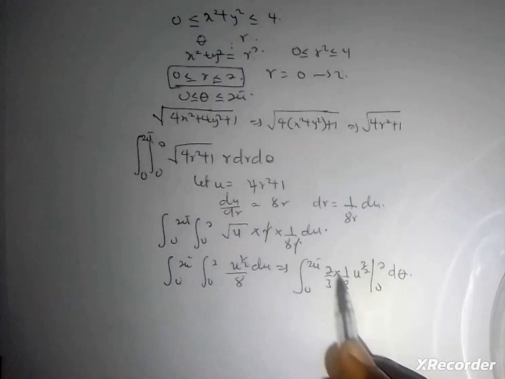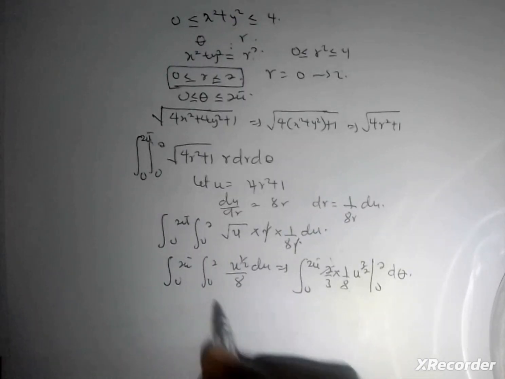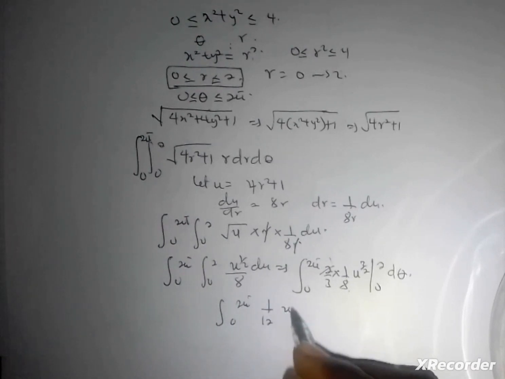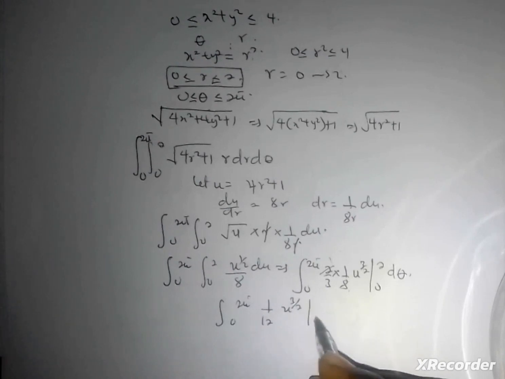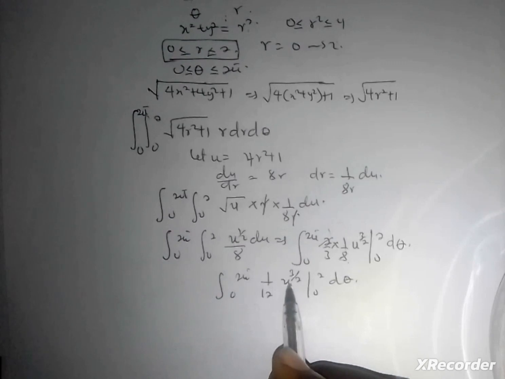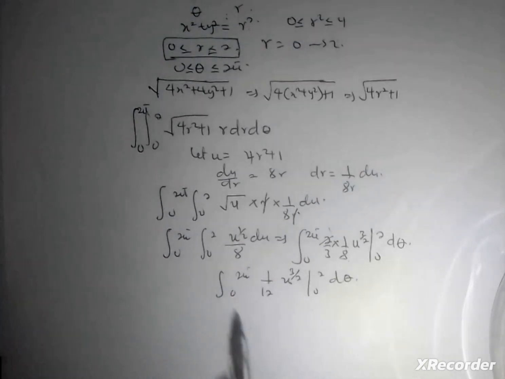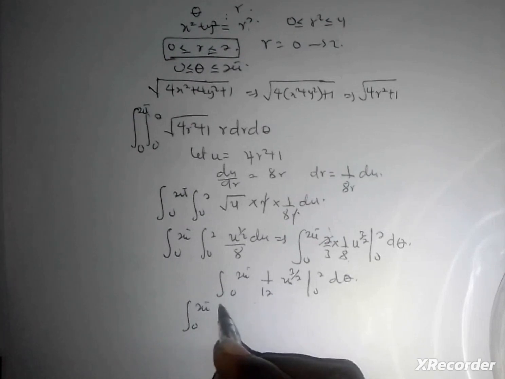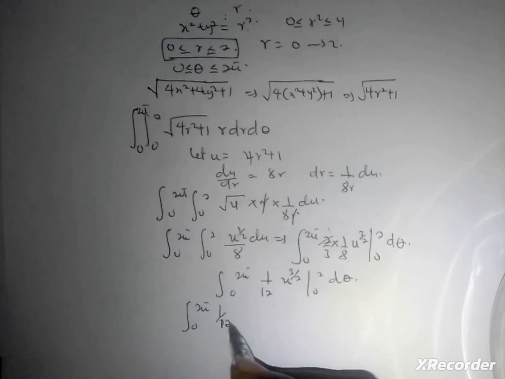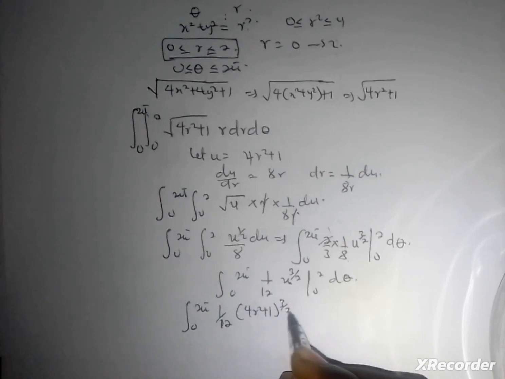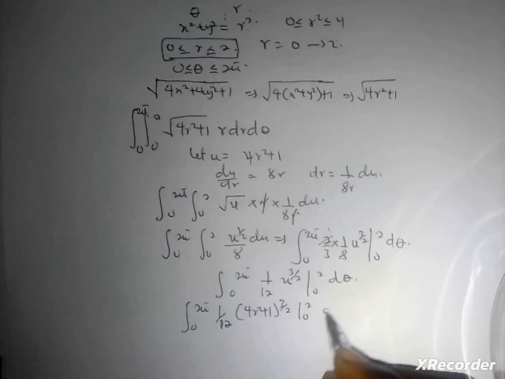At this point, 2 goes into itself once and into 8 four times, so I'll get the integral 0 to 2 pi of 1 over 12 u to the power 3 over 2, from 0 to 2, d theta. What is u? u was 4r squared plus 1. So the integral 0 to 2 pi of 1 over 12 times (4r squared plus 1) to the power 3 over 2, from 0 to 2, d theta.